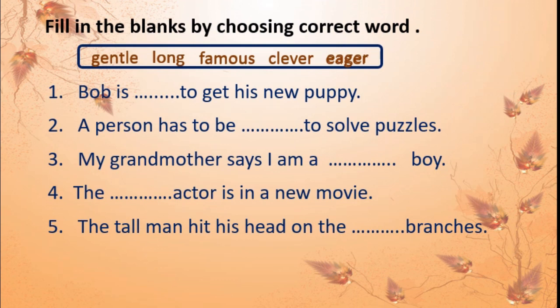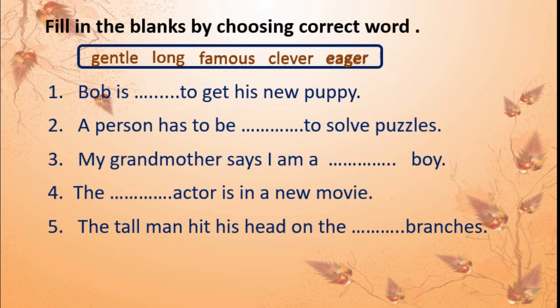Here, fill in the blanks by choosing the correct word. Inside the rectangle there are 5 words. We have to use these words to fill the gaps given. First we will go through the words: gentle, long, famous, clever, eager.